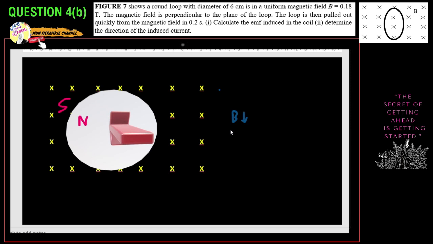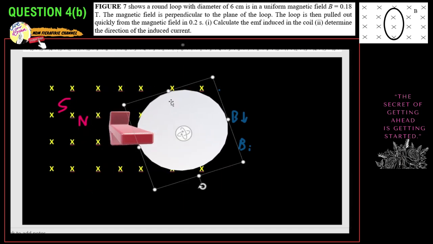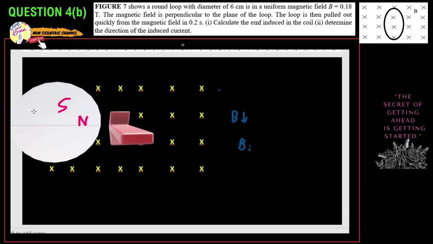The coil will try to oppose the change of the magnetic field, and the induced magnetic field will try to increase it. Originally the front was the north pole, and this is the south pole.